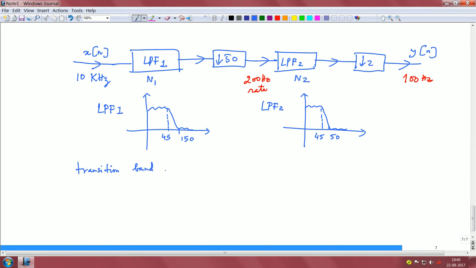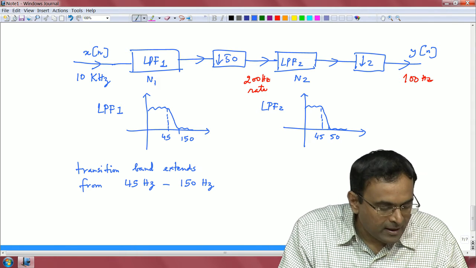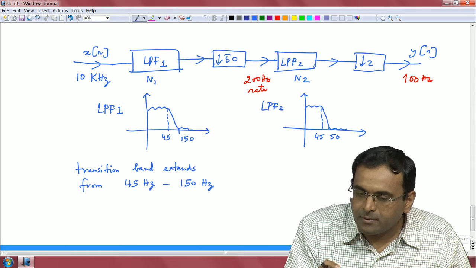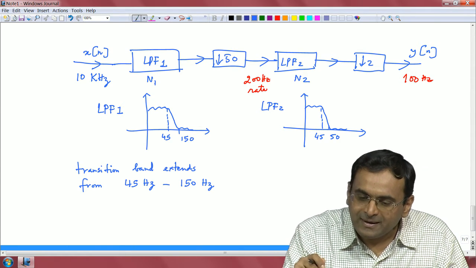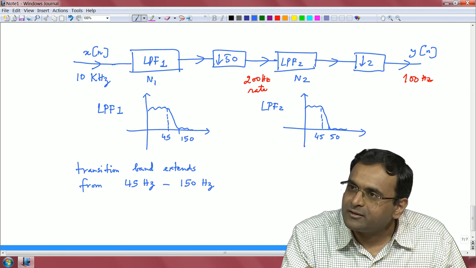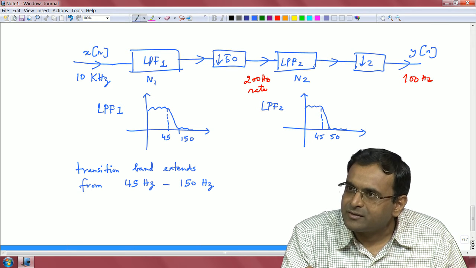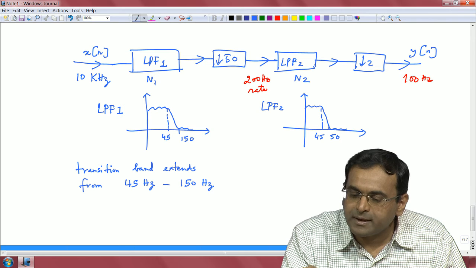Transition band extends from 45 hertz to 150 hertz, and this is advantageous to us because if we stretch the transition band, the lower the filter order, right. So, this makes sense, but there is another issue that you have to worry about, which is aliasing, because if you had this rate at 200 hertz, your Nyquist would be at 100.